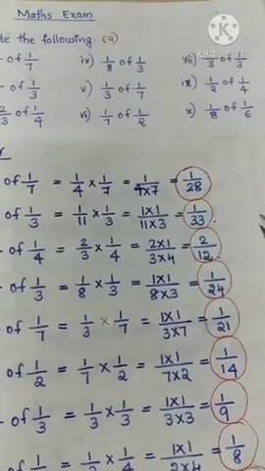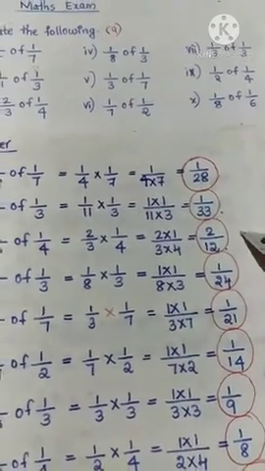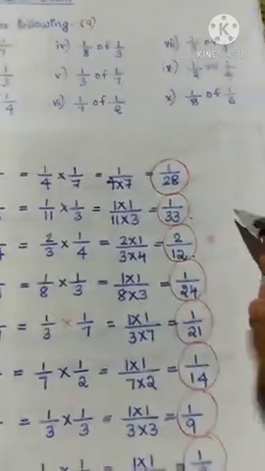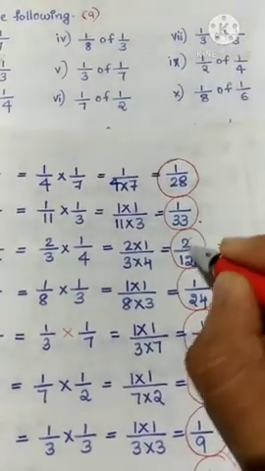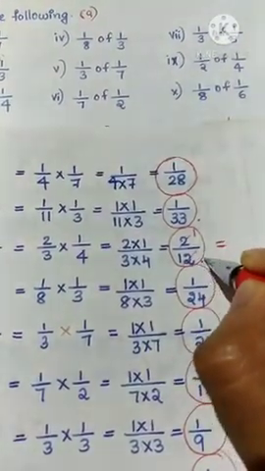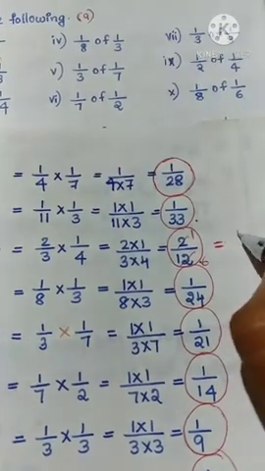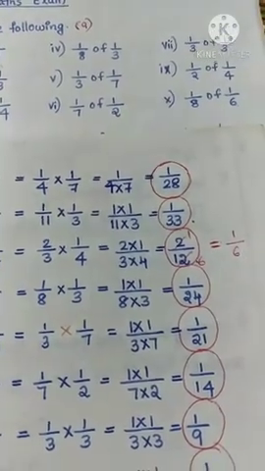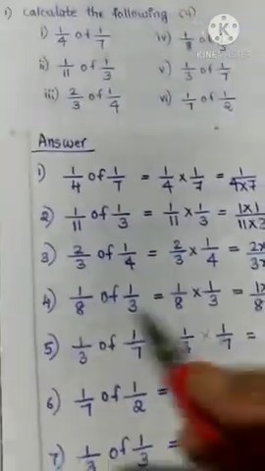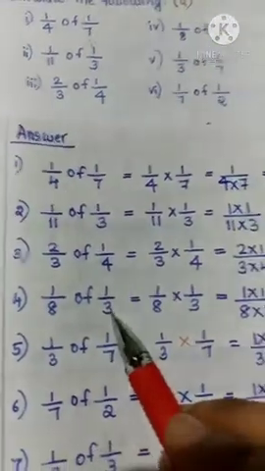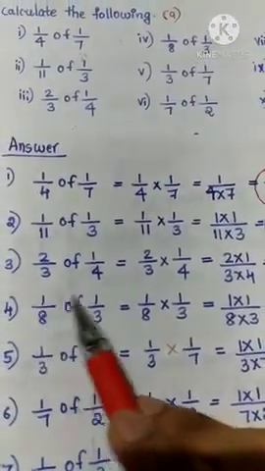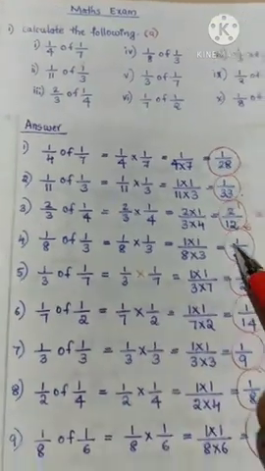We can simplify this. So we can simplify this again. 2 ones are 2, 2 sixes are 12. So the answer is 1 by 6. Then 1 by 8 of 1 by 3. Multiply 1 into 1, 1.